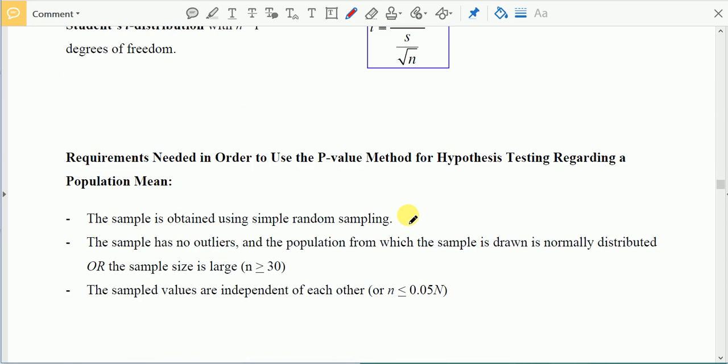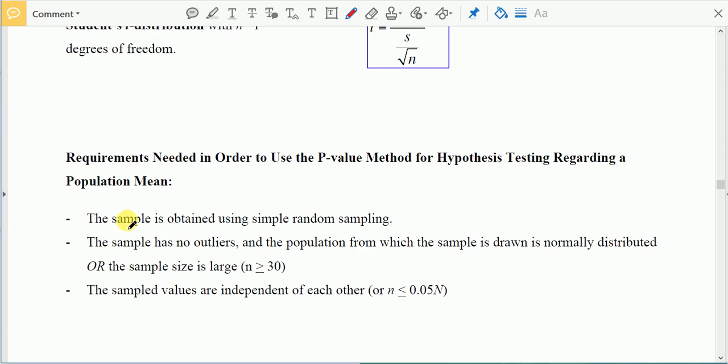Now, similar to the population proportion, there are some requirements needed to do the testing in order to use the p-value. You have to make sure that these are correct before doing the procedure.